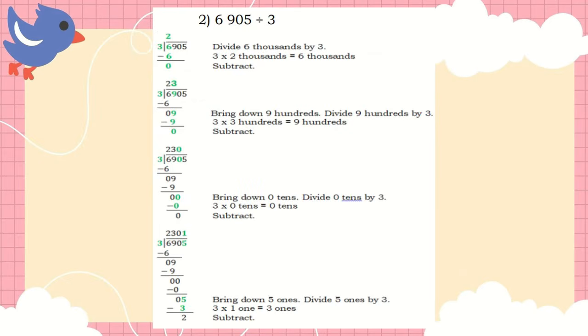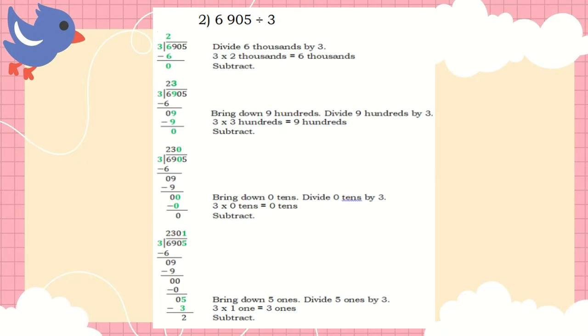Next is divide 6 thousands by 3. 3 times 2 thousands equals 6 thousands. And subtract. Bring down 9 hundreds. Divide 9 hundreds by 3. 3 times 3 hundreds equals 9 hundreds. Subtract. Bring down 0 tens.